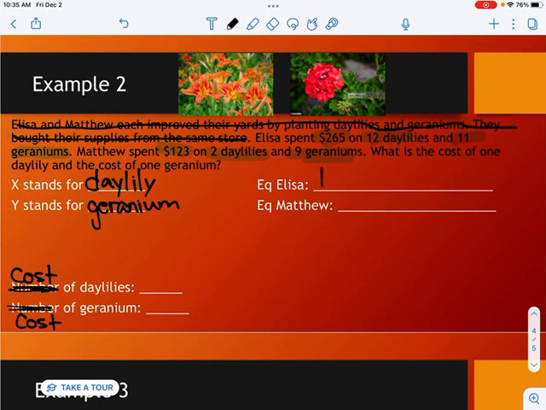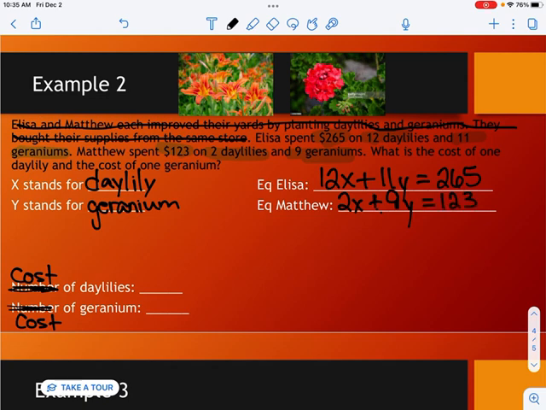12 daylilies. Remember, x is the cost of each daylily. So 12x plus 11y for geraniums, and that equals 265. The second equation, the one for Matthew, we have 2x plus 9y, and that equals 123.